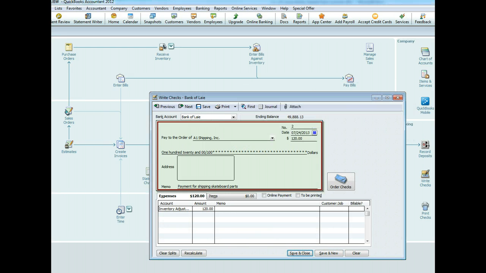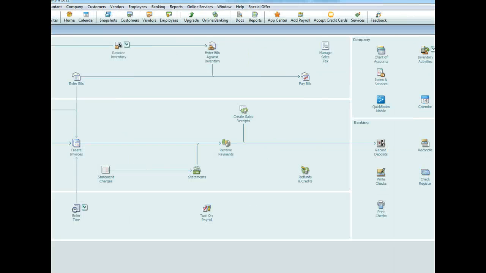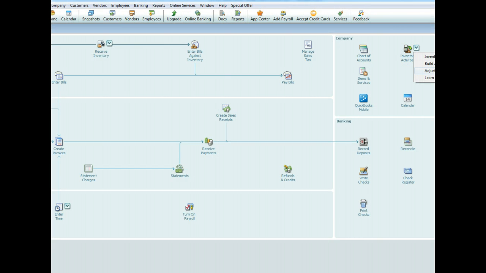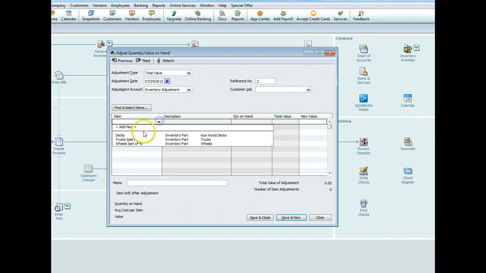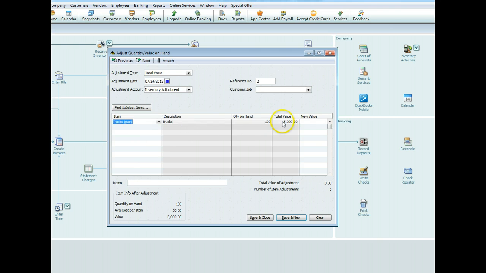Good. Now we've got to immediately get that inventory adjustment put where it's supposed to be. So we're going to adjust value only, and the trucks were 5,000 of the 8,500, which is 59% of the whole, times 120 gives me $70.59.